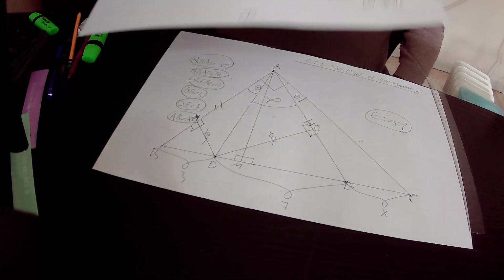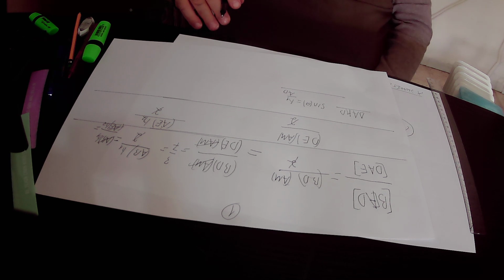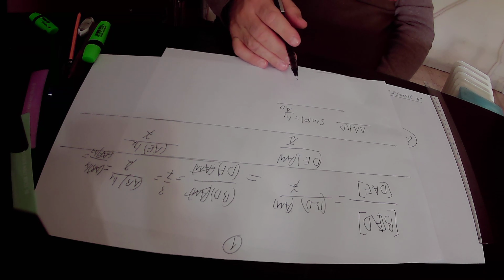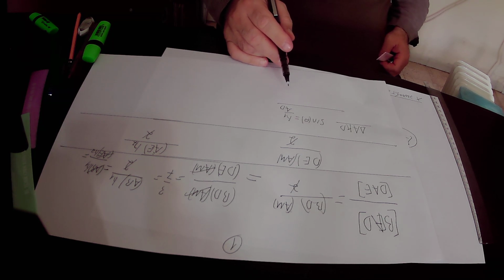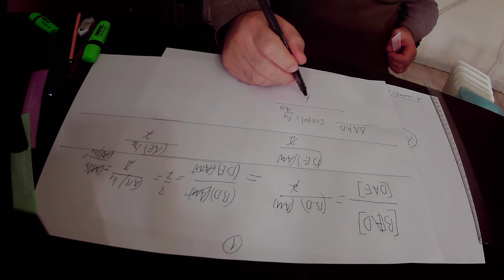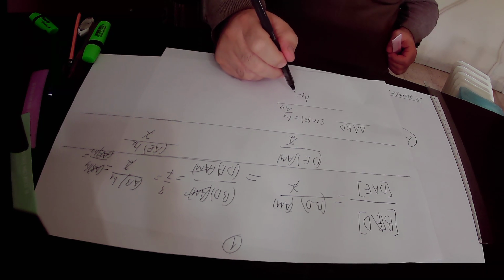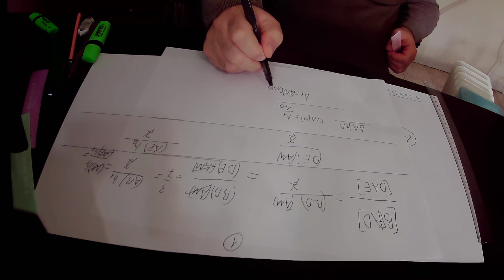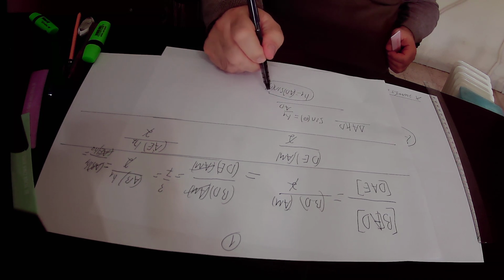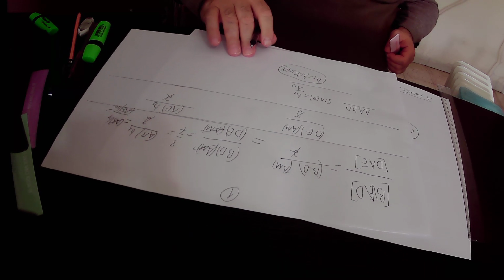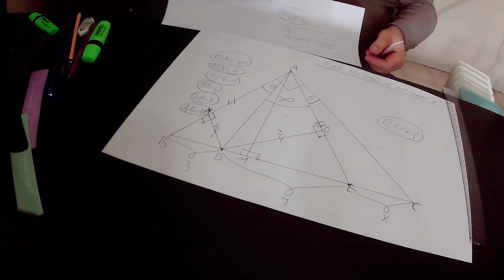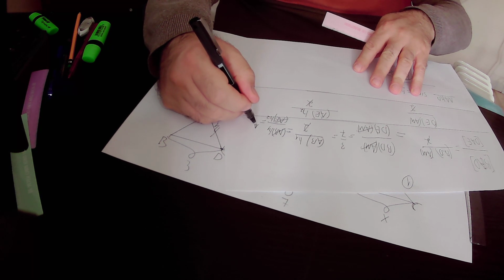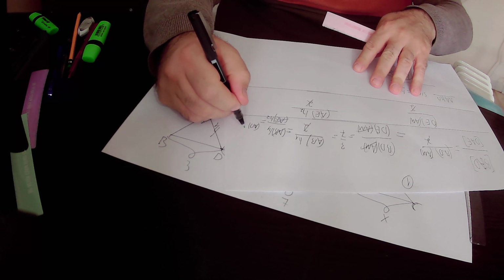I repeat again, in the right triangle AKD, sine theta will be equal to H1 over AD. We will multiply this equation by AD, and we'll get that H1 equals AD times sine theta. So we found that H1 equals AD times sine theta.